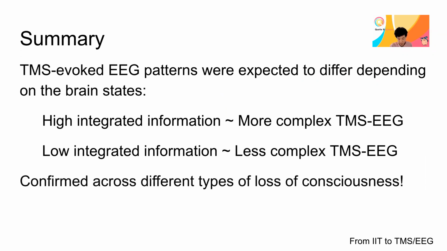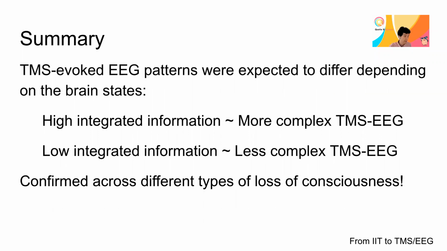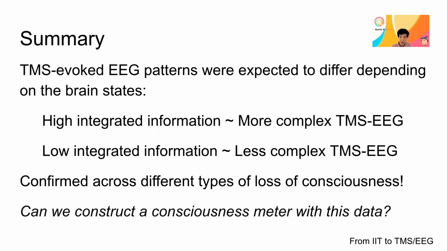And in fact, this type of result has been confirmed across different types of loss of consciousness, from anesthesia, sleep, and also brain lesions. And based on this data and result, can we construct an objective measure of consciousness, like a consciousness meter? That's the next question in the video.